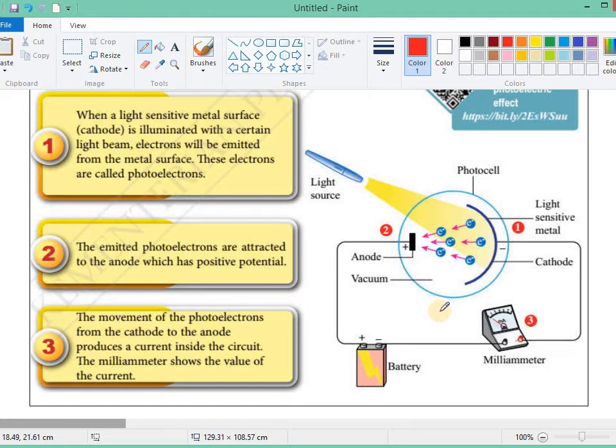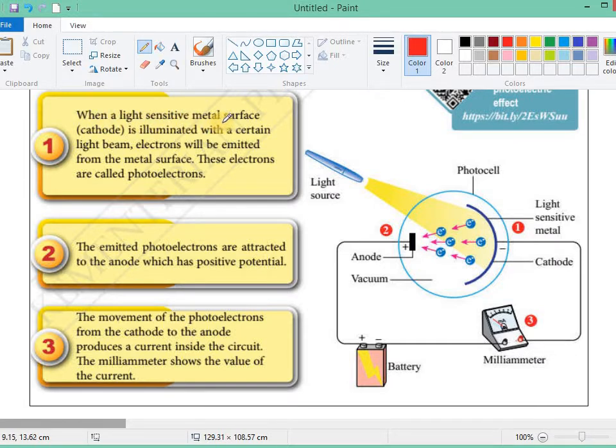The only reason current can flow is that electrons can pass through this gap. And how can electrons pass through this gap? Due to the photoelectric effect. That means when there's light, there's current. When there's no light, there's no current.